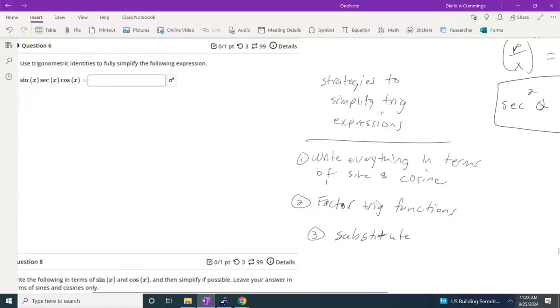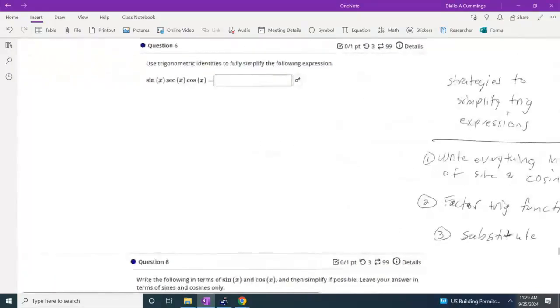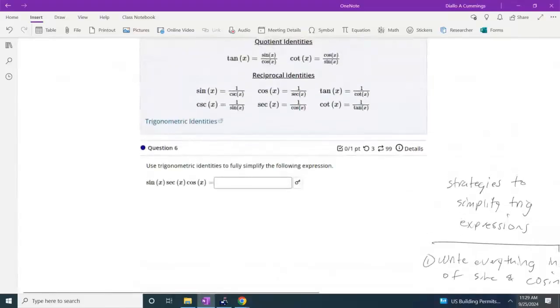When you solve trig functions, you're using a combination of the identities, and you're also using some algebraic methods such as factoring, zero factor property, that sort of thing. And then the third thing you can do is substitute. So we're going to substitute some identities to simplify some of these trig expressions.